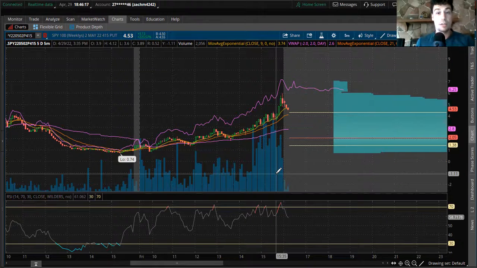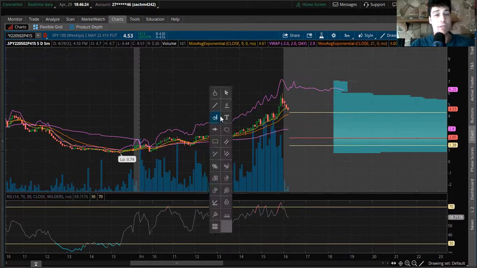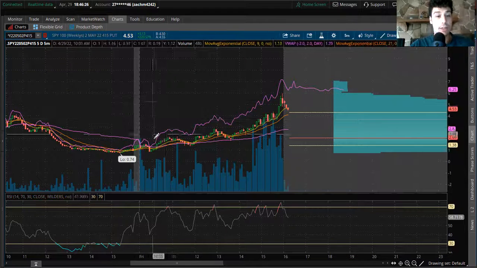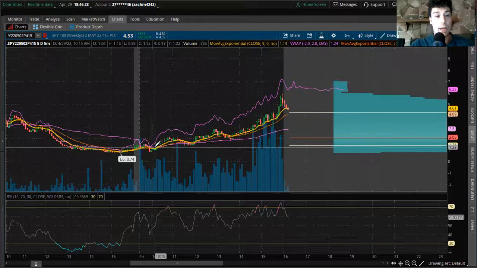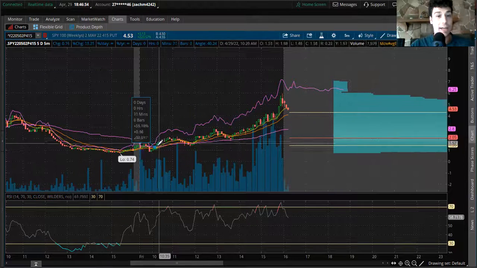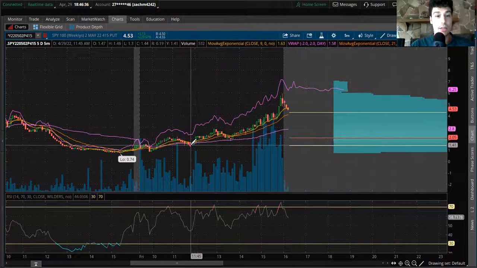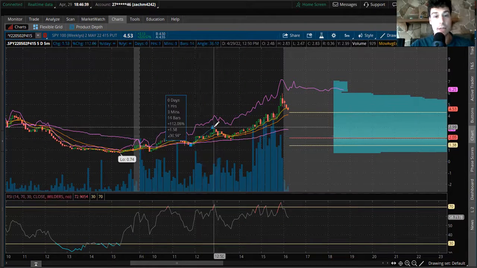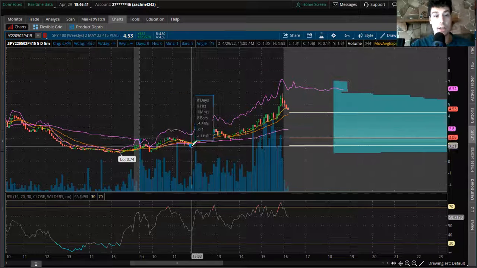To another area where there's going to be an imbalance in the opposing pressure of demand or supply. So even if you're not a perfect trader, this is what I mean by just scalping. You come in here and you catch this move right here. That's 30 minutes of a candle, 30 minutes, that's 80%, right? You come in here, you catch this move. All right, that's 50%. You catch this move, that's 100%.